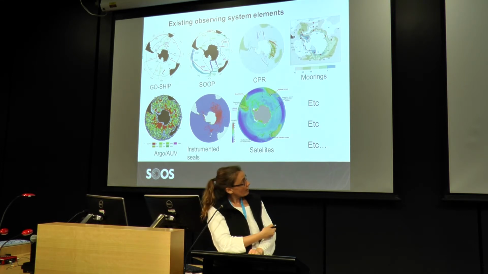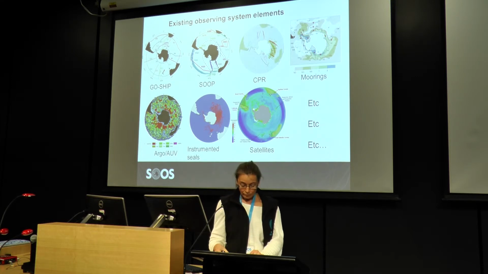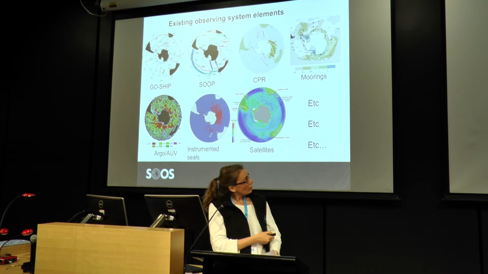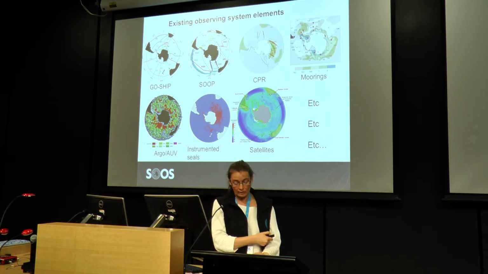And also they don't extend onto the shelf areas. There is SOOP, there are the continuous plankton recorders, there are some moorings, there are the Argo floats and AUVs. Red means very few data points. Instrumented seals, satellites, etc.